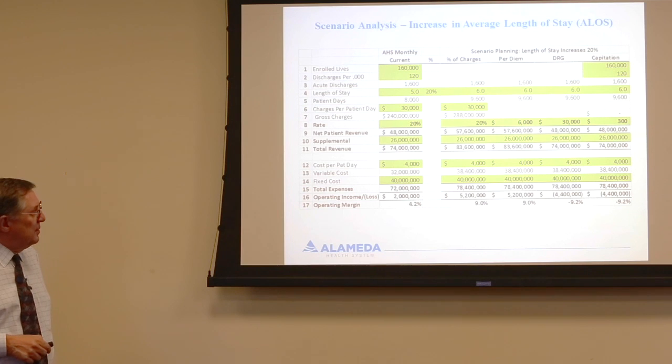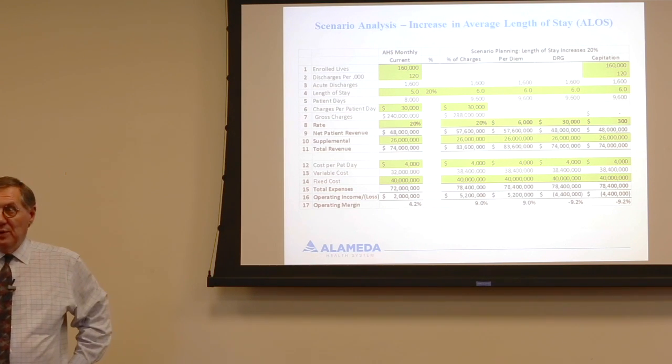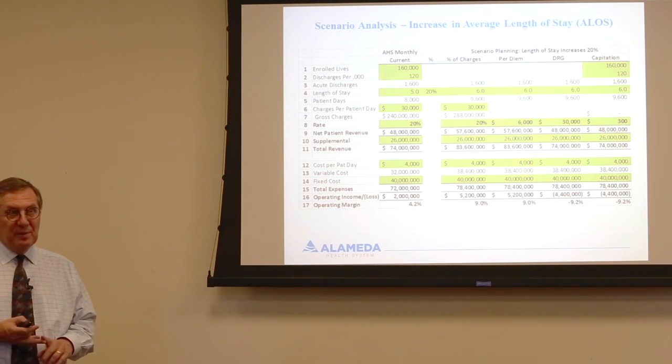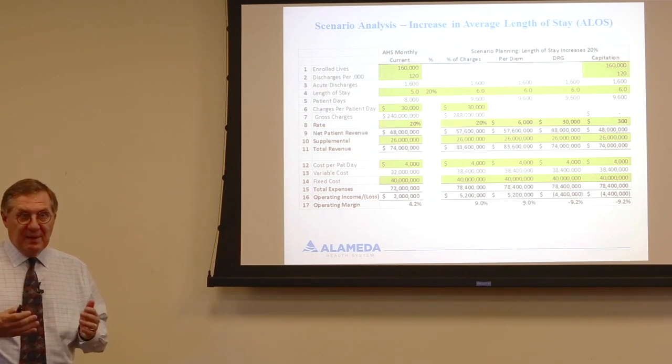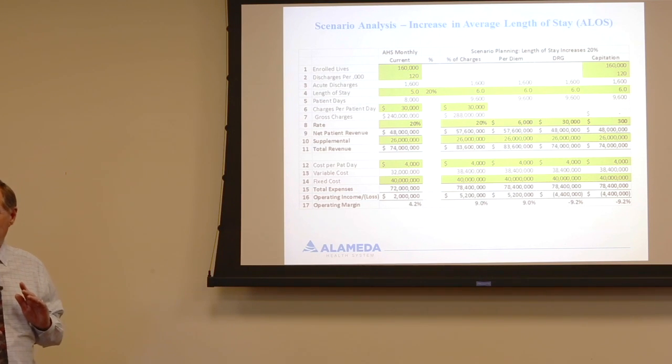Now their expenses would come down a little bit, but not enough, and they'd actually look just like this. How would these two guys look? They'd look like this, because in their case, their revenue wouldn't change. Same number of enrollment, same number of discharges, and the costs go down. Found money. Terrific. Get the length of stay down. Okay.